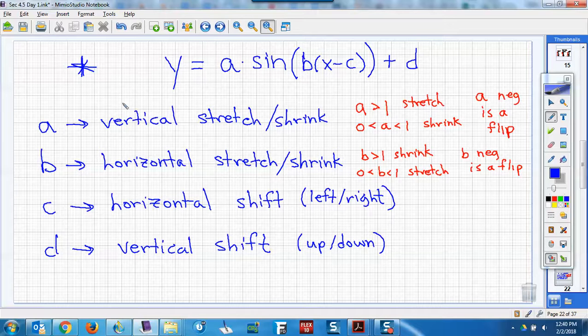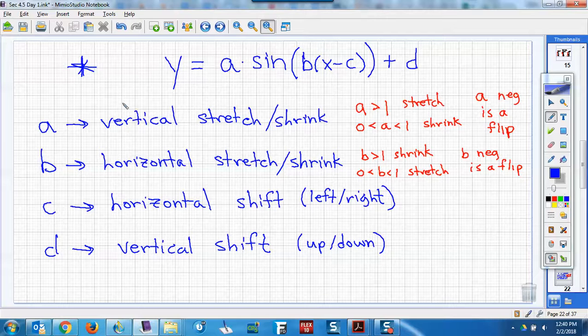Okay? So you could have a number in front of the sine or cosine. Okay? You could have B, a number multiplied on the inside. That we said was the horizontal stretch or compress. What we're not going to talk about today is then the shifting. We'll bring that in next week. Okay, that's the C and the D.